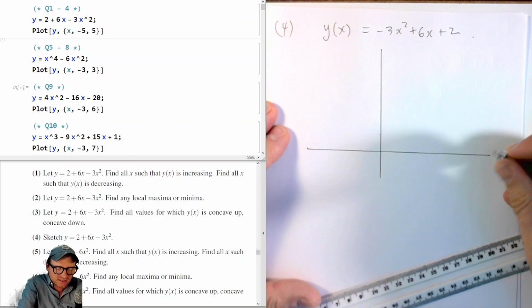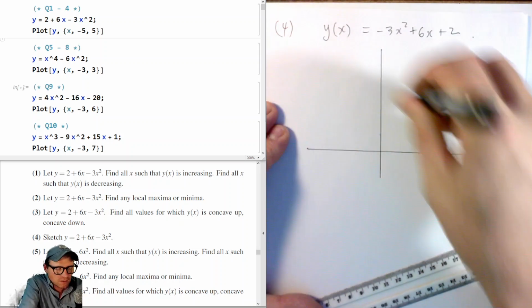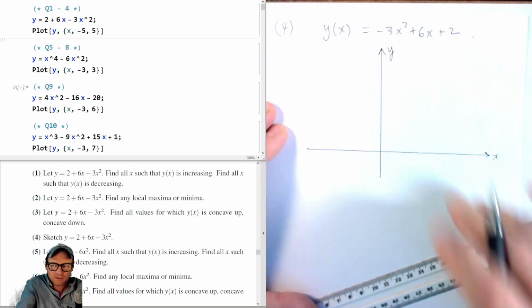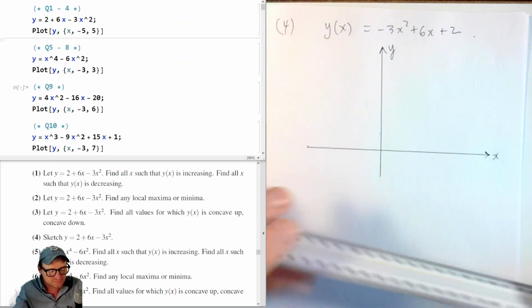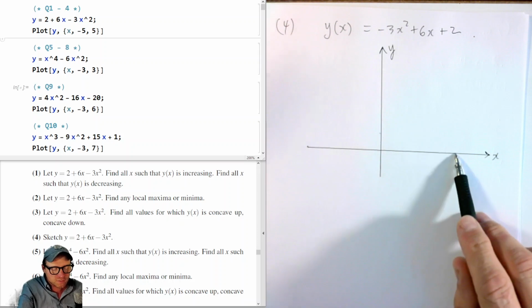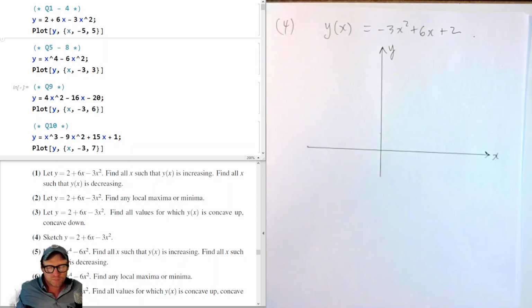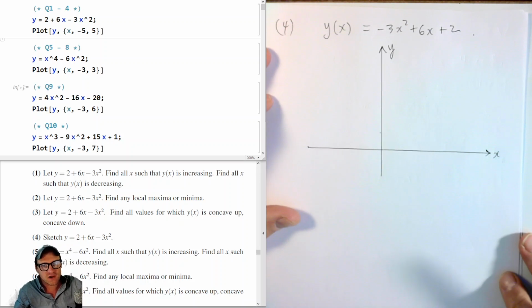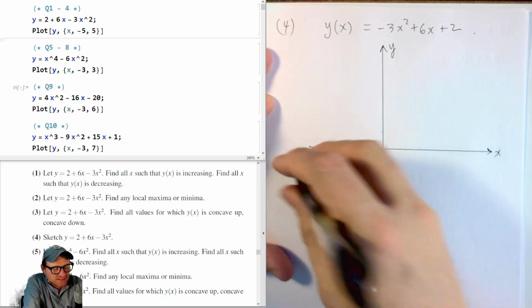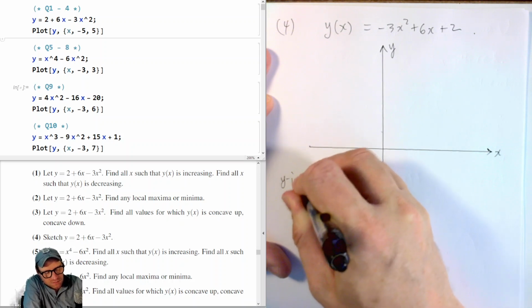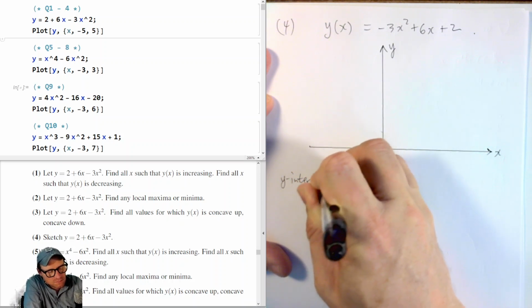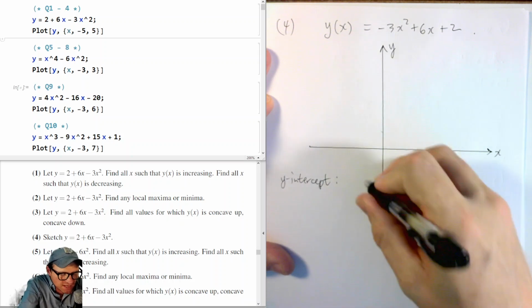Okay, so I have an x-axis here. I have a y-axis here. I know what this thing looks like, but what's missing are 3 points, or 2 points on my x-axis and 1 point on my y-axis. So let's find these. Okay, so let's start with the y-intercept. And this occurs when x is 0.